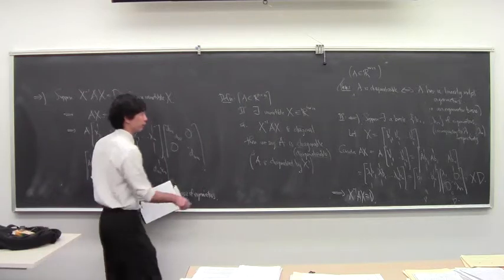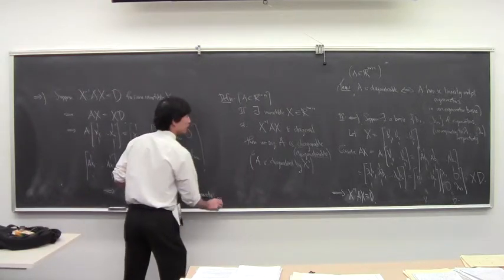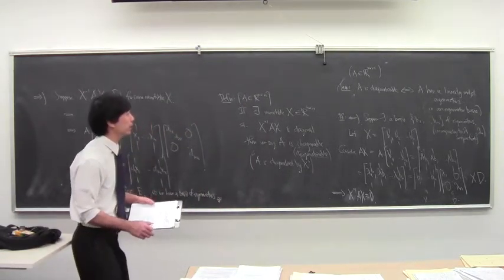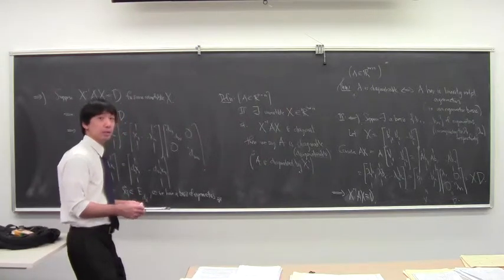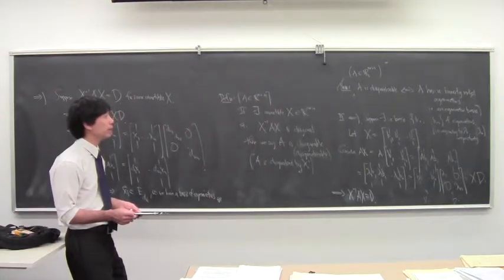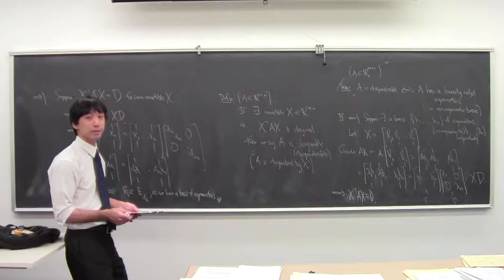Okay, so that's the end of that theorem: diagonalizability is equivalent to having n linearly independent eigenvectors.